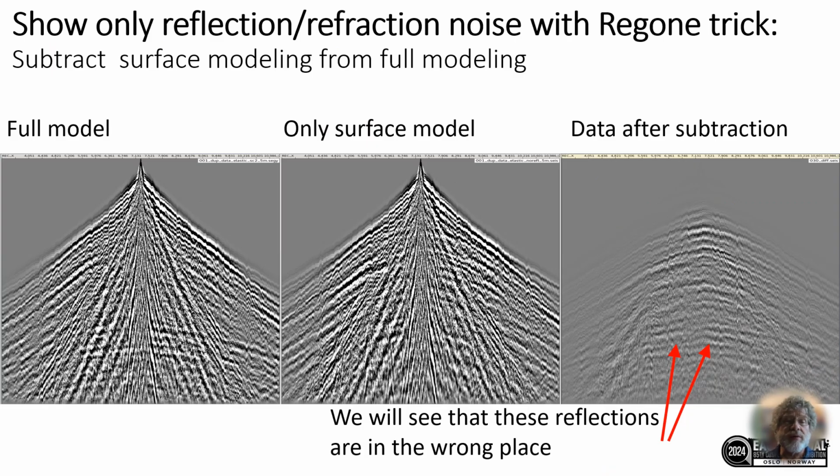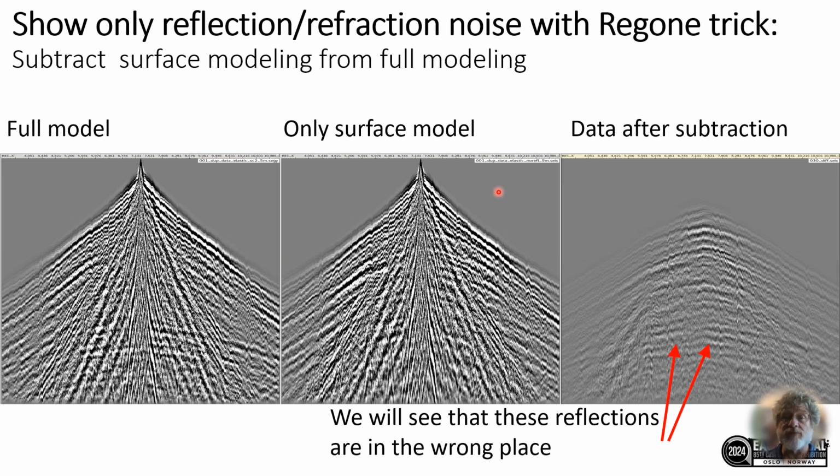Okay, so now that shot gather in the previous slide that I showed you, that's the left one here. And what I'm going to do is redo the modeling, and I'm doing it here using the Carl Rigoni trick. So what he did, and what I'm doing here, is we redo the modeling using only the top 200 meters of the near surface.